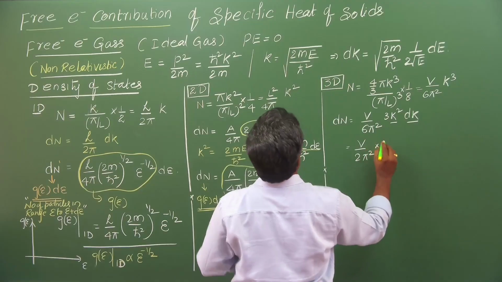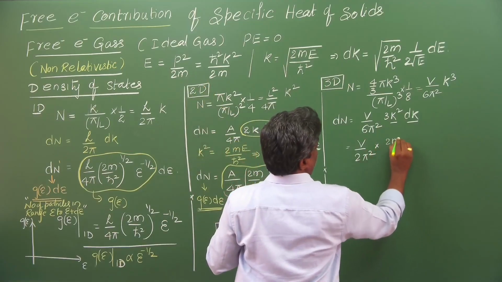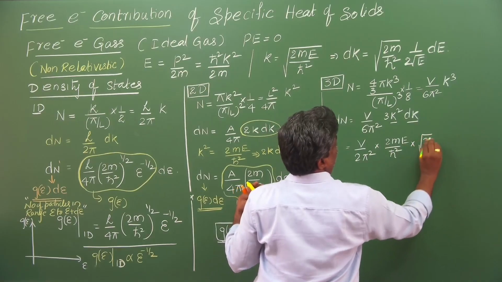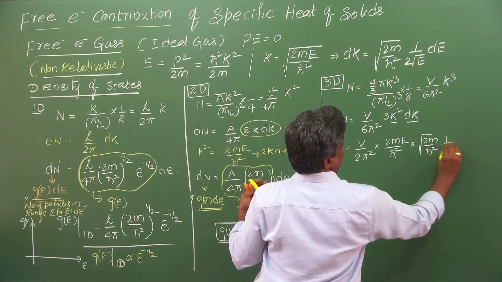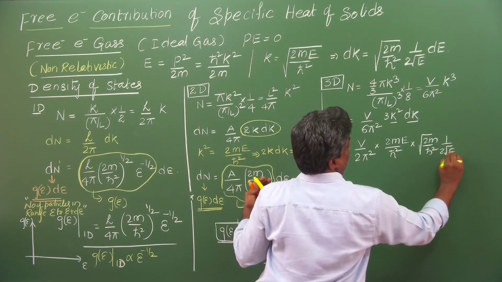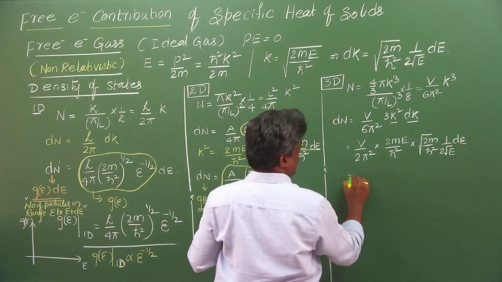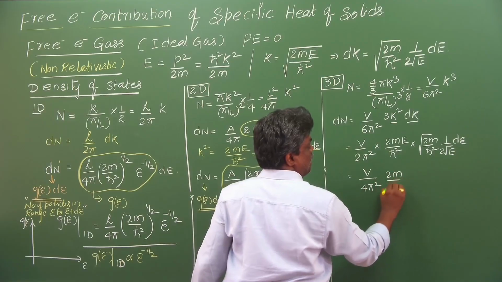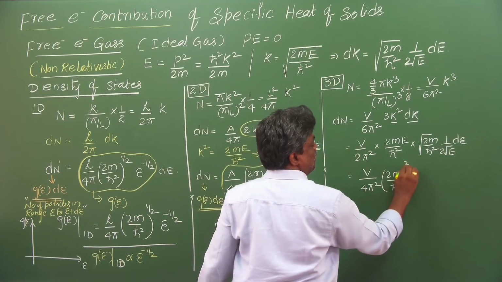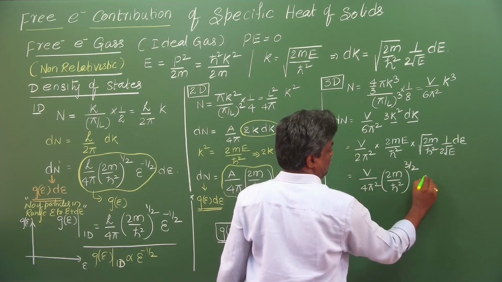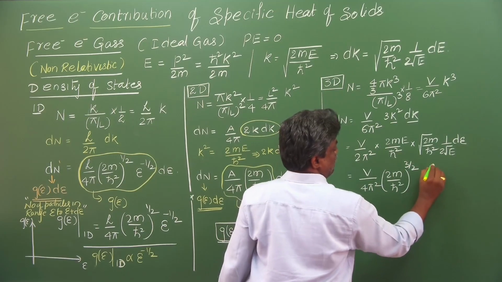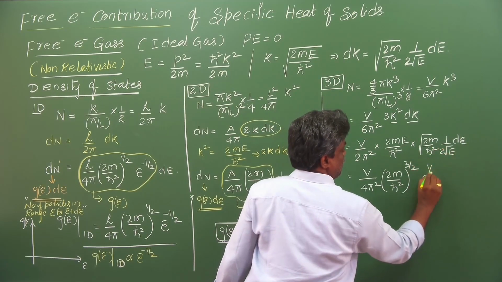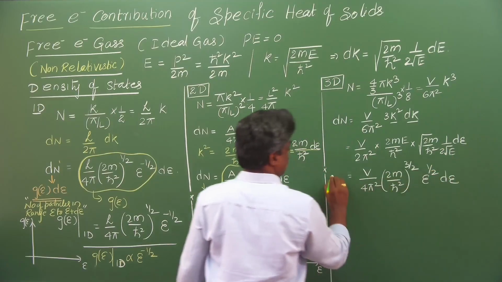If you substitute k square, it is 2mE by h cross square, and dk is under root 2m by h cross square into 1 by 2 root E dE. So I hope you got, this is V by 4 pi square, 2m by h cross square whole power 3 by 2, and this is root E, that is why E power 1 by 2 dE.